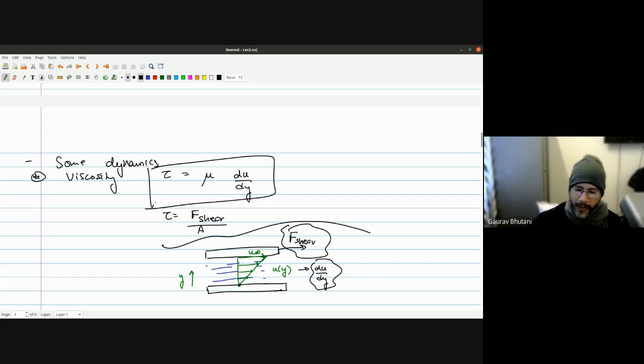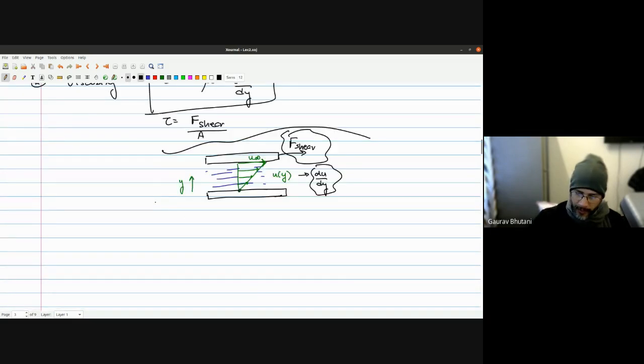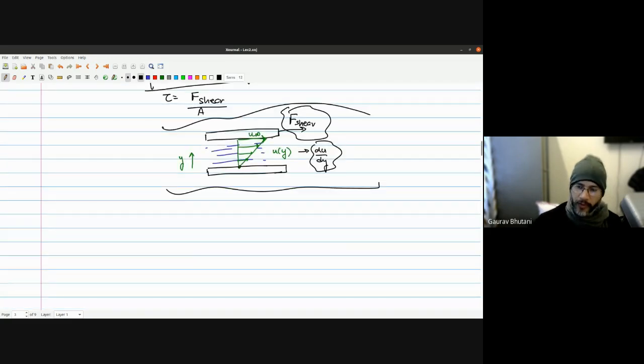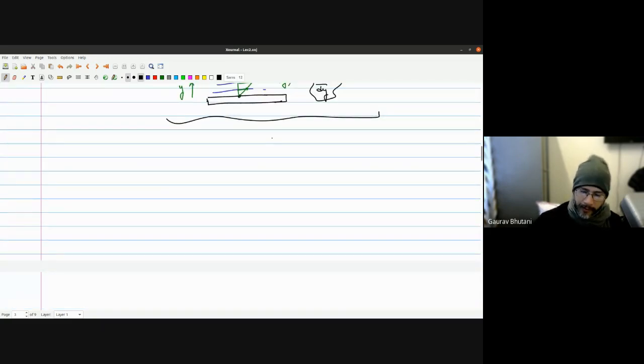We'll talk more about quantifying it, but this is the idea of viscosity. To generate the same du by dy, we'll need a larger force if we are working with honey, and a lesser force if we're working with air, for example. Air is much thinner in terms of viscosity. So that's the idea of viscosity that we have been introduced to very briefly.